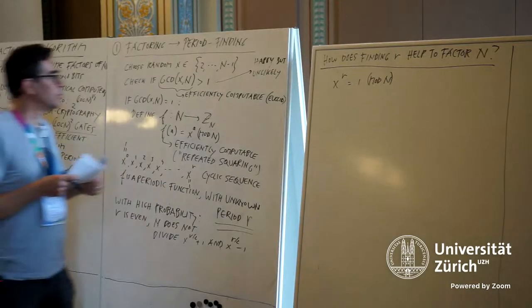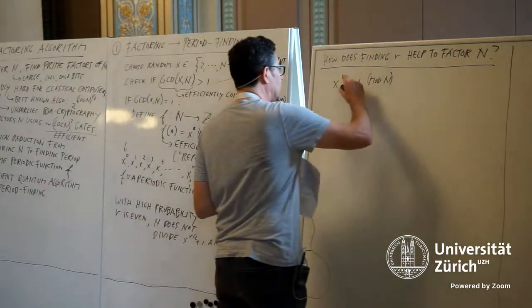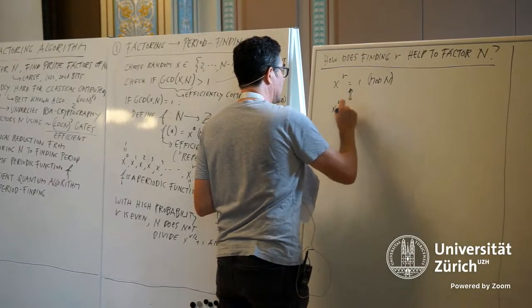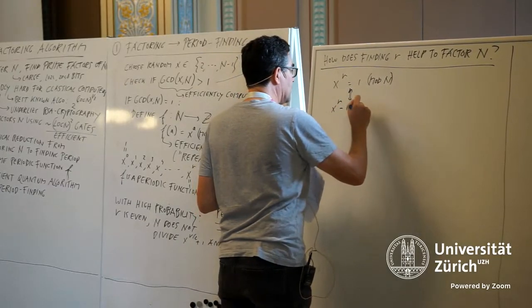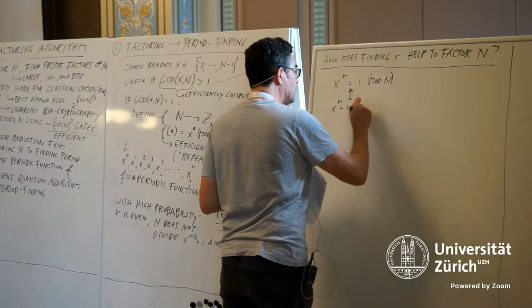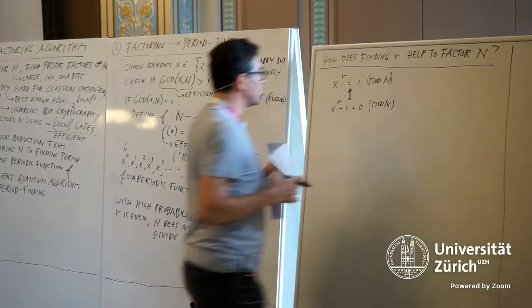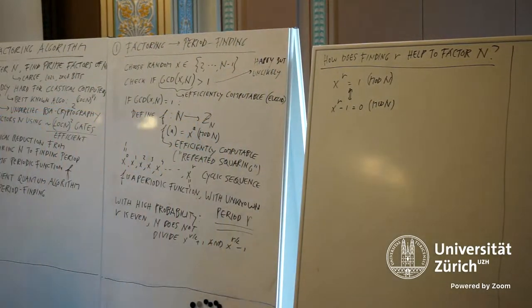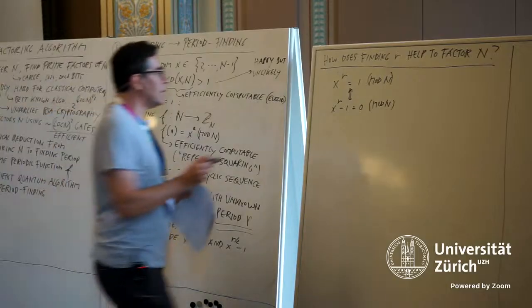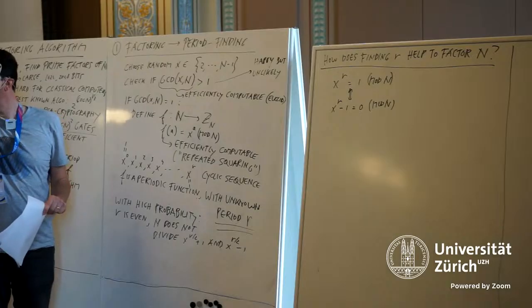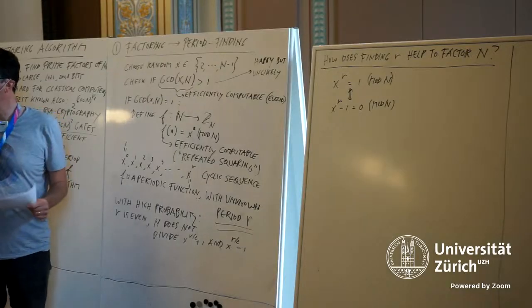Now, let me do something super complicated. This is the same as saying that x to the r minus 1 equals 0 modulo n. Right? Even if you haven't had your morning coffee yet, this step should be easy to follow. x to the r is actually the square of x to the r over 2, because we're working under the assumption that r is an even number.